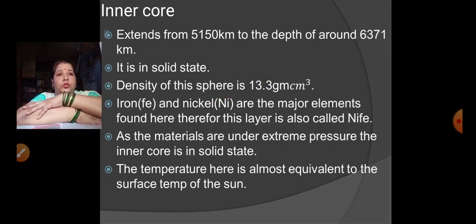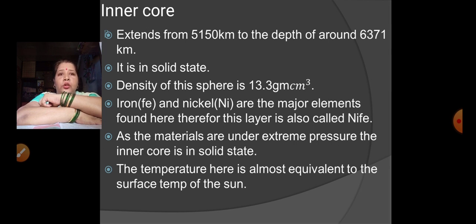The inner core extends from 5150 km to the depth of 6371 km. So much deep inside. Now here it is in solid state. The outer core was liquid state, now this is solid state. The density of this sphere is 13.3 gram per centimeter cube.